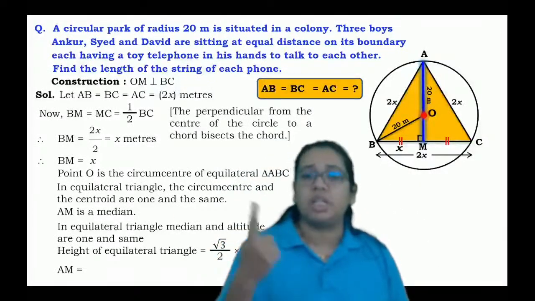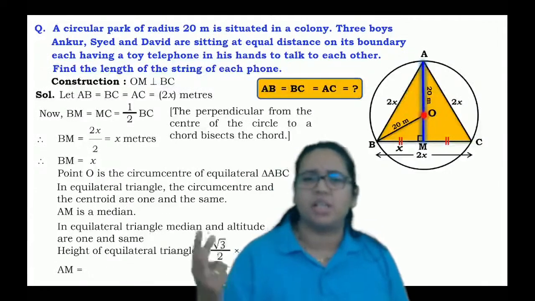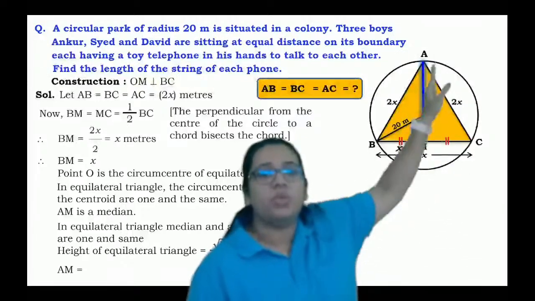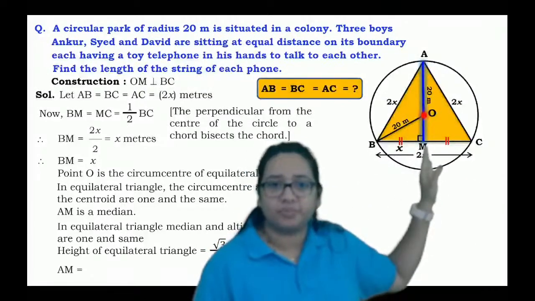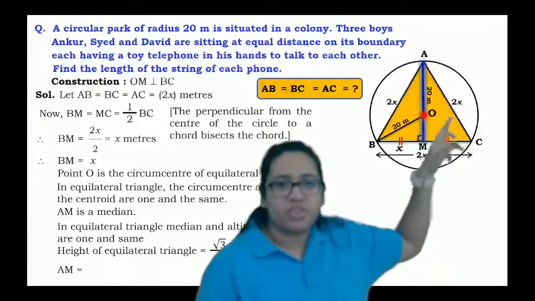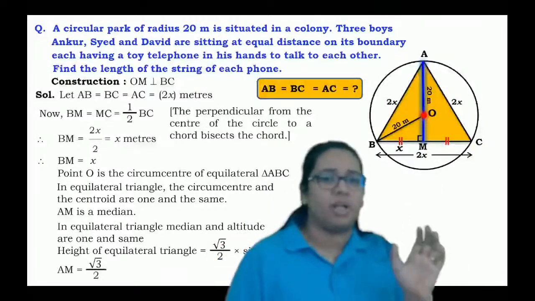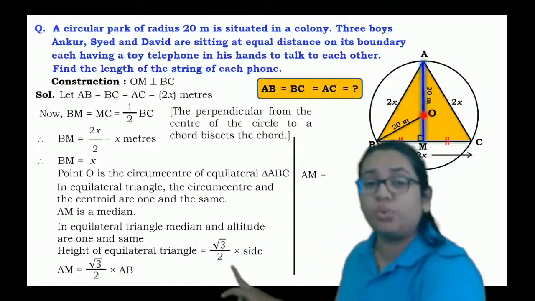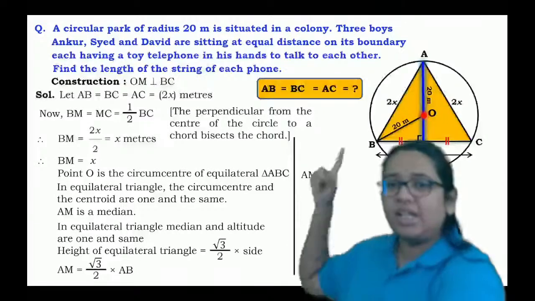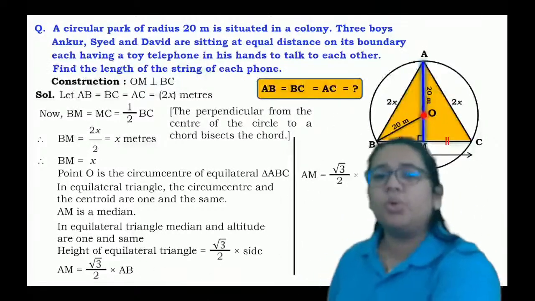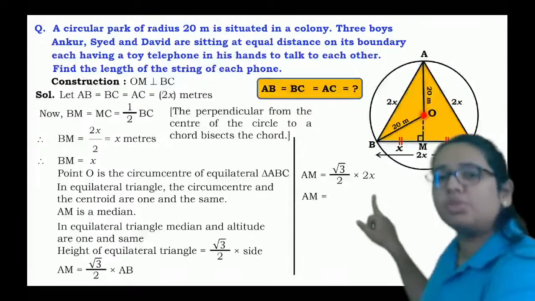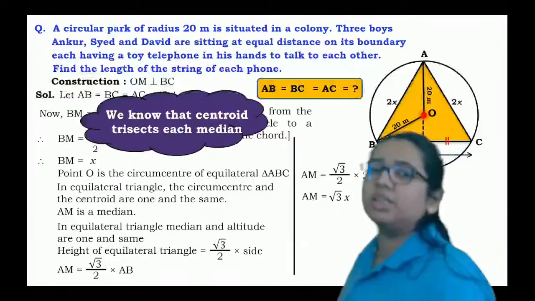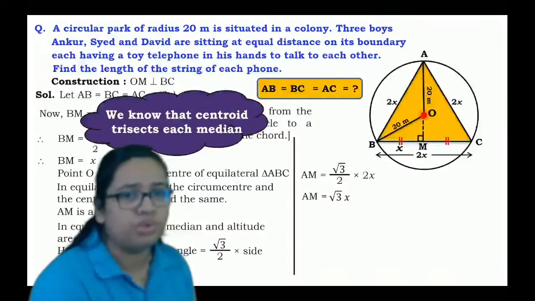But we know that for an equilateral triangle, circumcenter and centroid are one and the same. It means that AM will work as a median, and for an equilateral triangle, median is the same as its altitude, and height of an equilateral triangle is given as √3/2 into side, but we are considering its side as 2x. So AM will be √3/2 times 2x. So 2 will get cancelled and you will get AM as √3x.